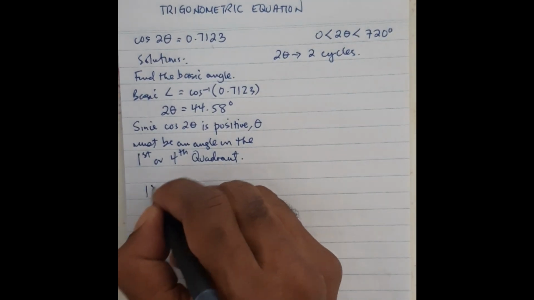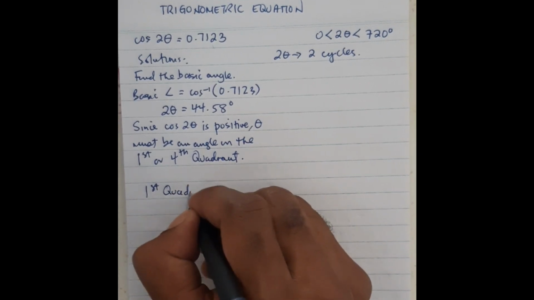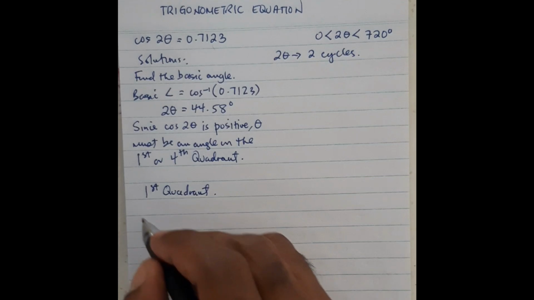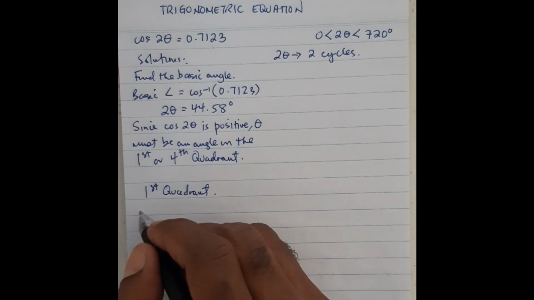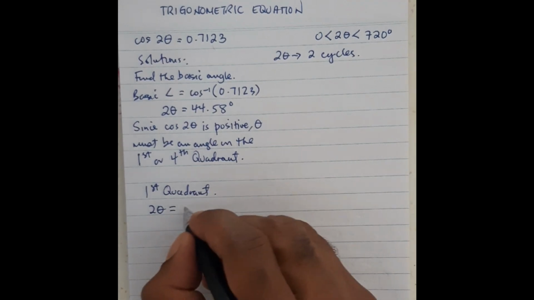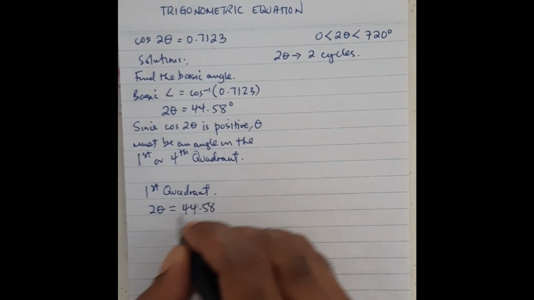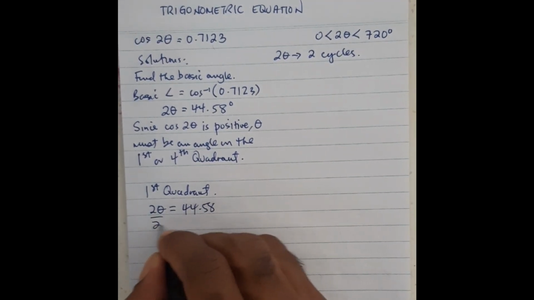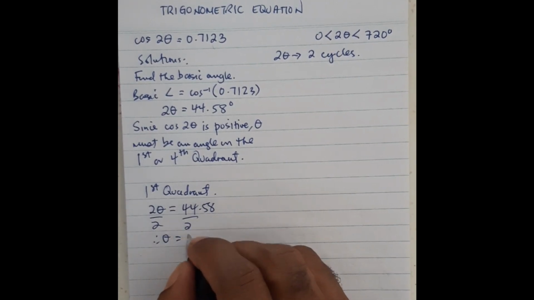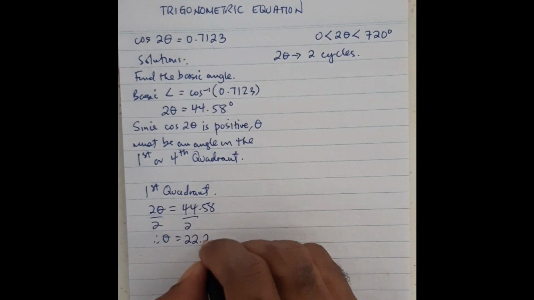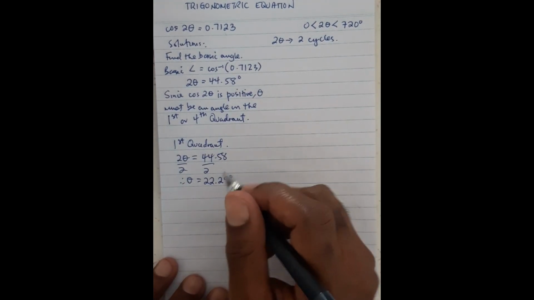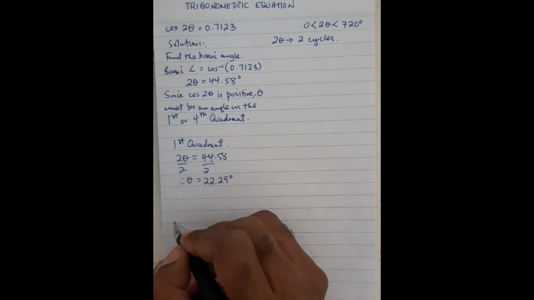Therefore, we start by looking at the first quadrant. 2 theta will be equal to 44.58. Divide by 2 on both sides. Therefore, theta is equal to 22.29 degrees. And that's the first quadrant, in the first cycle.